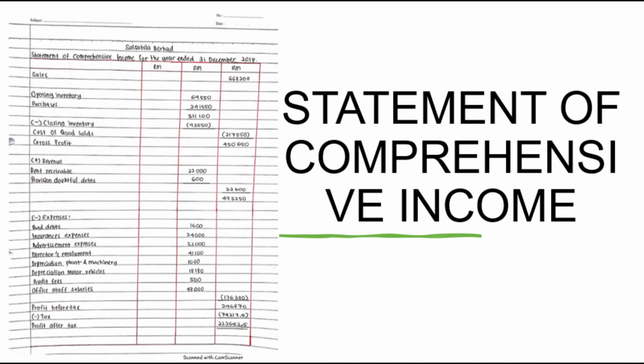After that, plus director emolument amounting to 41,100, and plus depreciation of plant and machinery amounting to 10,000, and plus the depreciation of motor vehicle amounting to 18,118. After that, add audit fee amounting to 500, and also add office staff salary amounting to 48,000, and total expenses is 176,380.